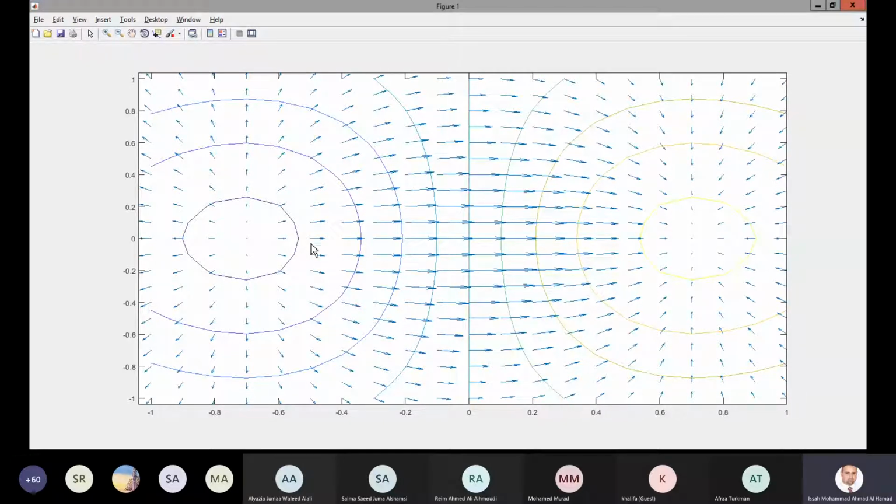Any one of these arrows starts from x and y, so this is x and this is y, and it goes into the direction of gx and gy. So this is the derivative of our function, or the plot of the derivative of our function.